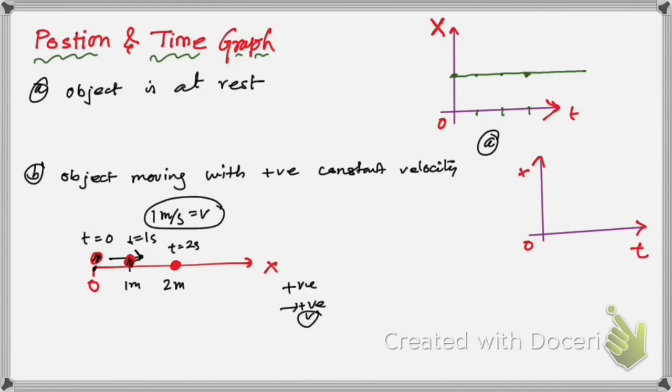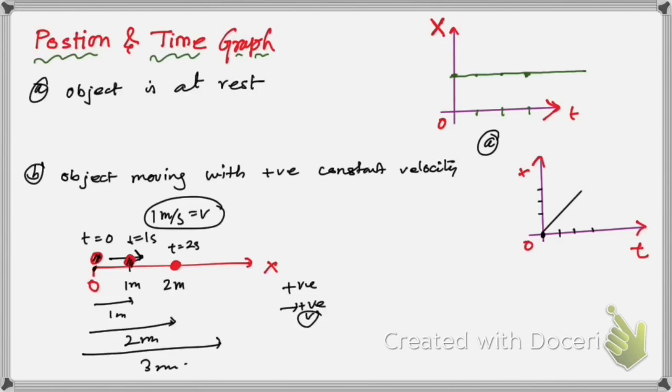Then after 3 seconds it will be 3 meter, and so on. So in that case, the graph is going to look like this. So this is going to be a straight line, right? So hope you have understood this.